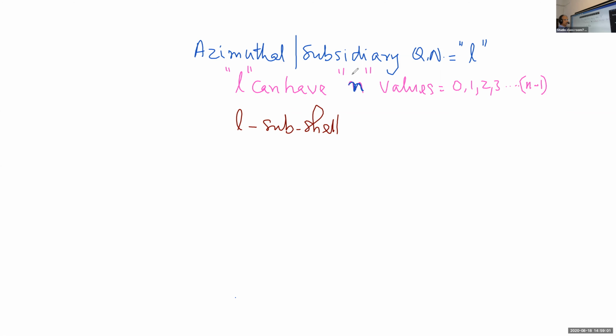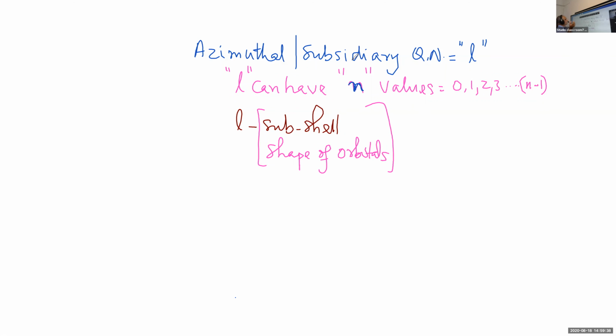Not only that, it gives an idea regarding the shape of the orbital also. So we get two pieces of information from the L value. One, the L value represents the subshell. Then it gives an idea regarding the shape of the orbital.